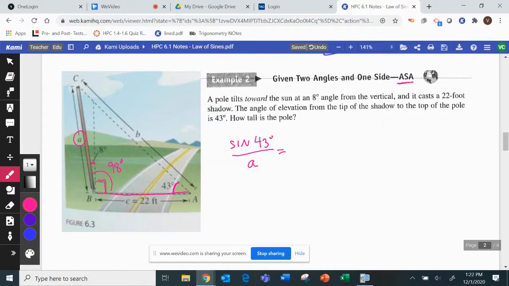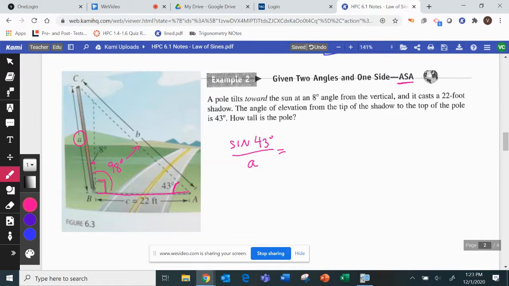The problem is the angle I have, I don't know what B is. I don't have side B. I can find angle C because I know two angles in the triangle.